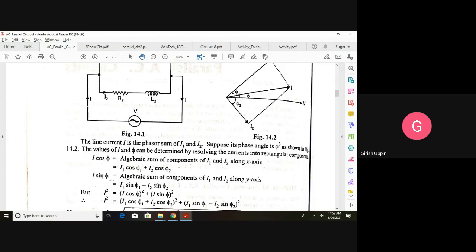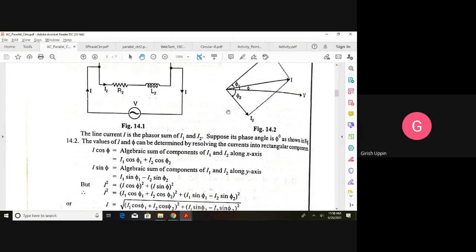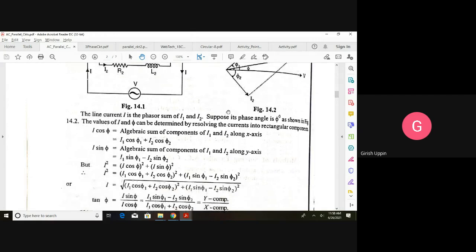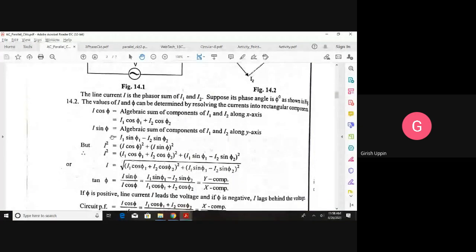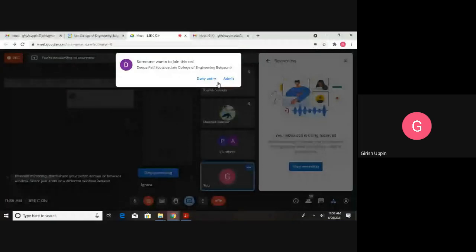Similarly, I sin phi is equal to the algebraic sum of the components of I1 and I2 on the y-axis, and on the y-axis we have I1 sin phi 1 minus I2 sin phi 2. This angle is minus. So what would be the actual current? The actual current I square is equal to (I cos phi) square plus (I sin phi) square, and if you simplify that, you will get the actual current.